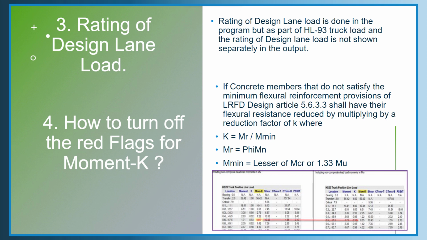MR is phi Mn, which is the capacity. M minimum is the lesser of the cracking moment or 1.33 Mu. So we do show the K value and the moment times the K value here. If it's in the red flag, if that option is unchecked, the red flag goes away.